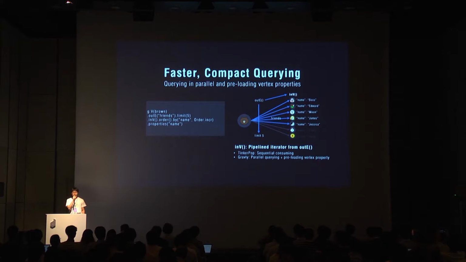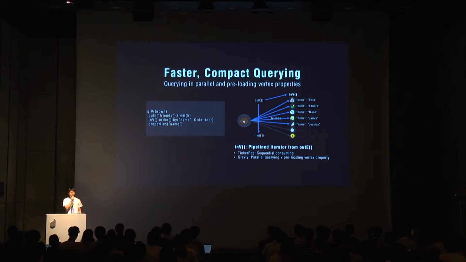This is another sample query, similar to the previous one but slightly different. This query picks up 5 users among Brown's friends, ordered by their names, and delivers the results. First, outgoing edge step selects the targeted edge and returns to the incoming vertex step the list of vertices that are connected to that edge.